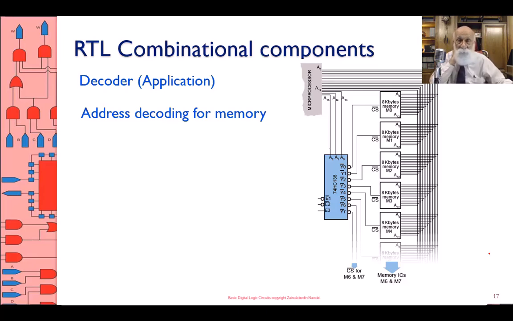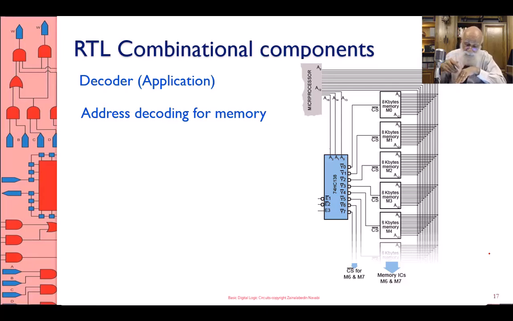All right, what else? Memories use decoders. Okay, so I have a processor that is trying to access a large memory, but see, I don't have a large memory. I have segments of memory. I have pieces of memory. Let's say I have 8K memories, 8,000 bytes of memory.